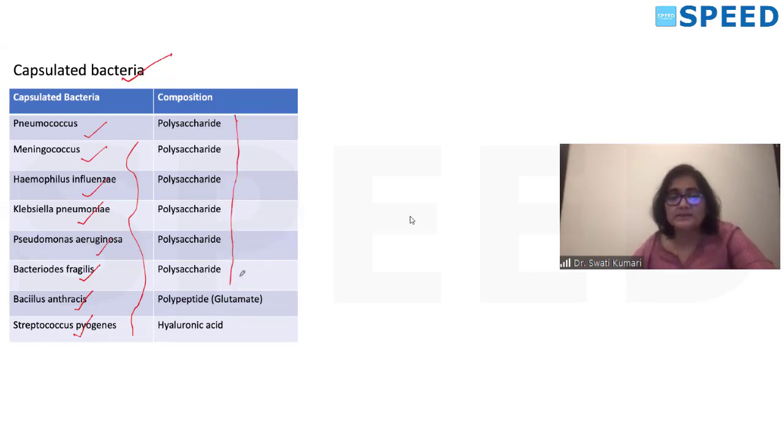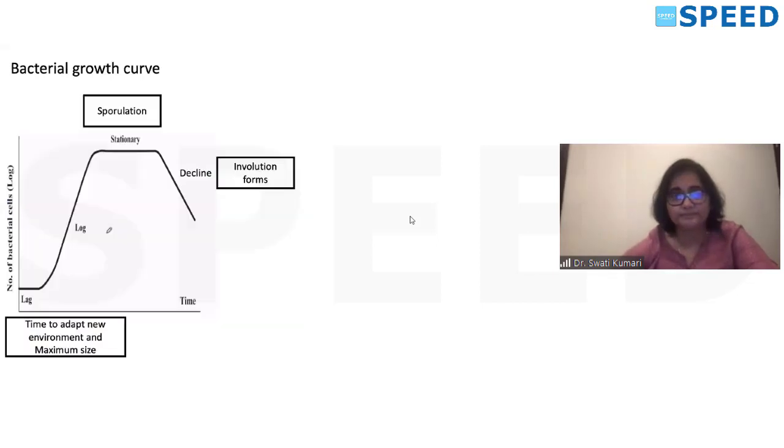Few exception is Bacillus anthracis, where capsule is polypeptide in nature. In Streptococcus pyogenes, it is hyaluronic acid. So all have polysaccharide capsule, but you have polypeptide capsule in Bacillus anthracis. Please remember the names of capsulated bacteria, which has been asked previously. Which of them are capsulated, except?